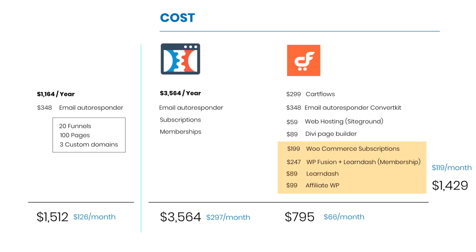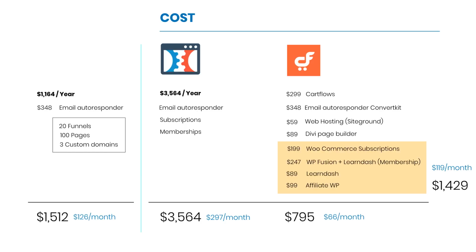However, there's also an option here on ClickFunnels where you can pay $97 per month, which will come close to about $1,512 per year. Now with this, what you get is 20 funnels only, 100 pages, and 3 custom domains.